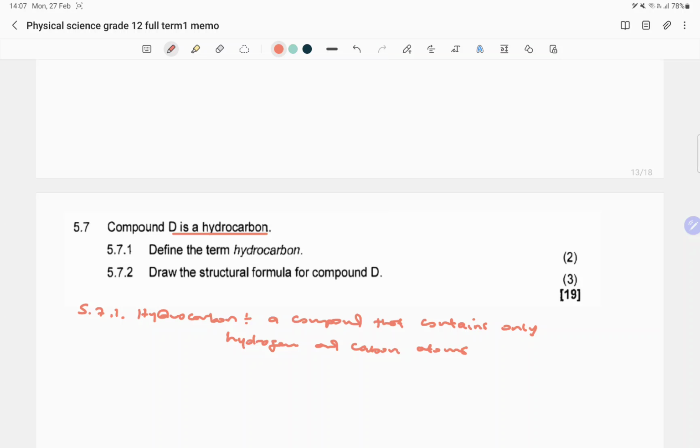I'm panicking, guys, because time is essentially escaping me and I'm not moving. Okay, easy here. It's only hydrogen and carbon atoms. That's it. Easy, 2 marks.